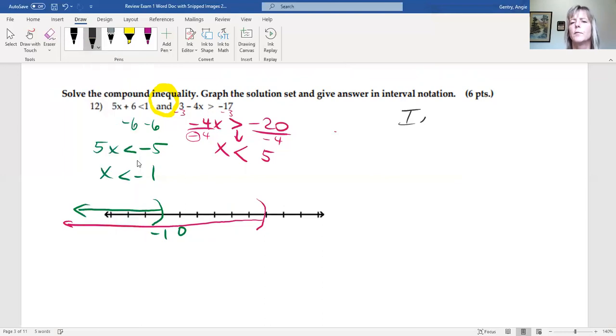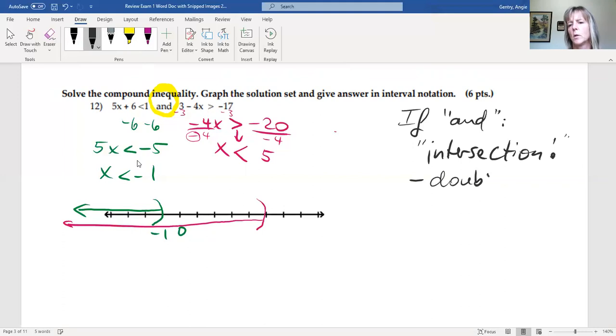So if it's and, that means it's the intersection. And intersection means double shading. Those are the 3 things you need to put together. Intersection means double shading. Where do they overlap? Intersection, where do they meet?